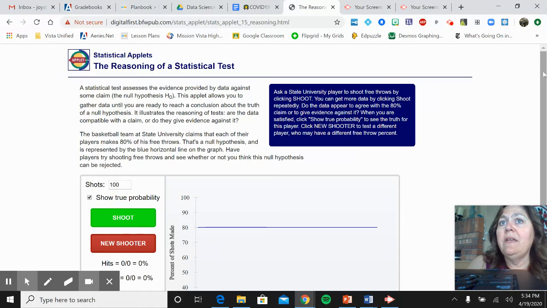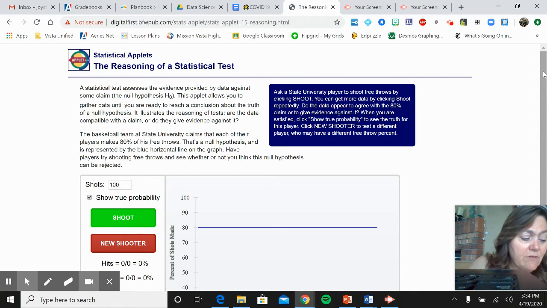We're getting a claim from a state university that each of their players makes 80% of their free throws. Every player makes 80%. That's their average, okay? Or their proportion of shots averaged out many times, right? Okay, so that's a null hypothesis.